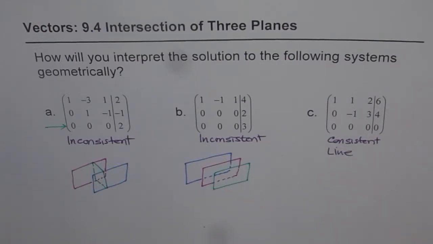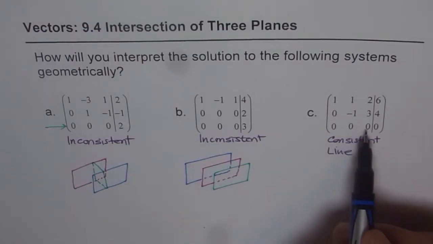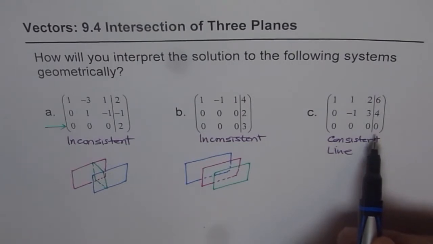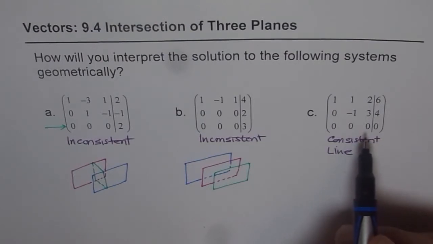Now C is consistent, and since we have 0 equals 0, which represents a line. Now in this particular case, we will have to see the normals of the planes. If you check the normals, and you find that two of them have parallel normals, then the planes could be parallel.